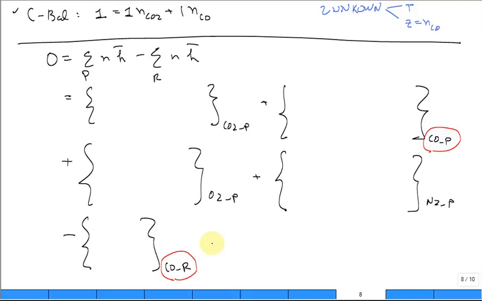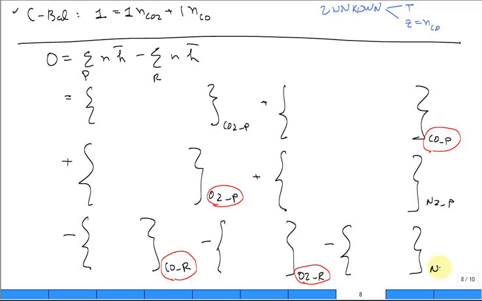Then we have minus, what is another reactant? Is it O2? And then that's confusing because they say O2 is a reactant, O2 is a product. And then the last reactant, and it's not really much of a reactant, is N2 as a reactant. And you say, come on, how come I have N2 on both sides? Well, that's the way it is.